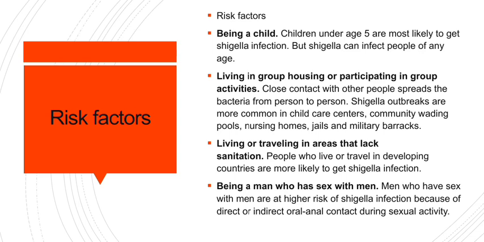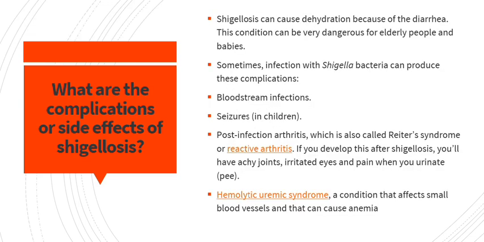Living in or traveling to areas that lack sanitation, and being a man who has sex with men. Men who have sex with men are at higher risk of Shigella infection because of direct or indirect oral-anal contact during sexual activity.